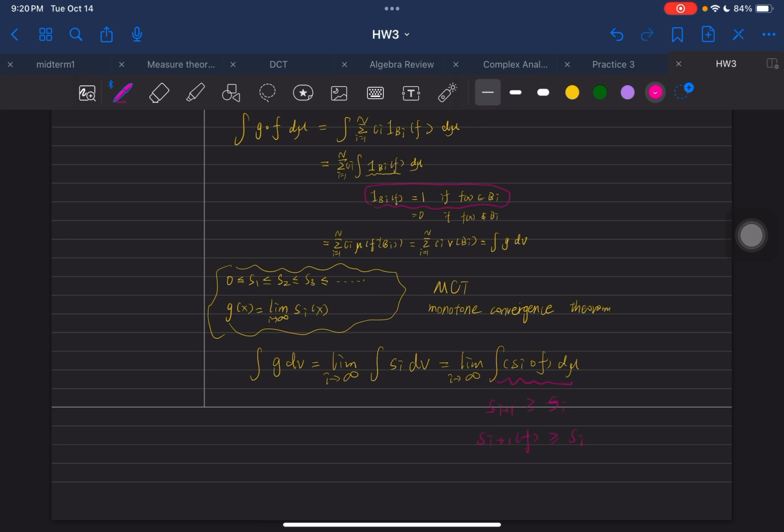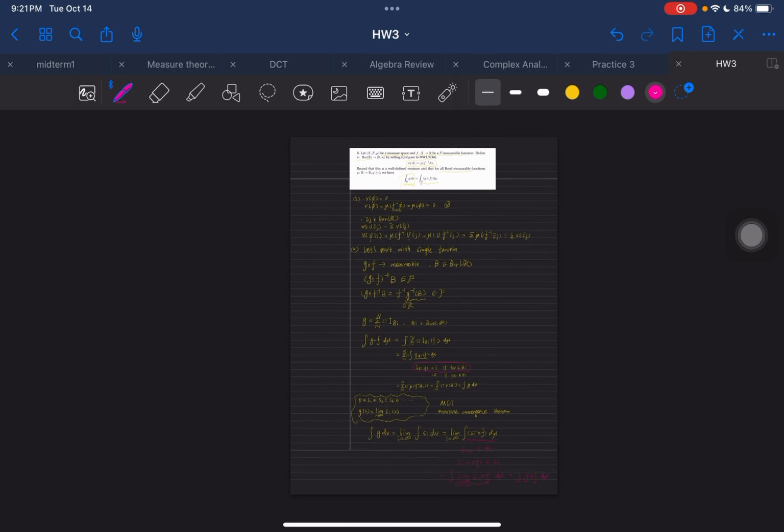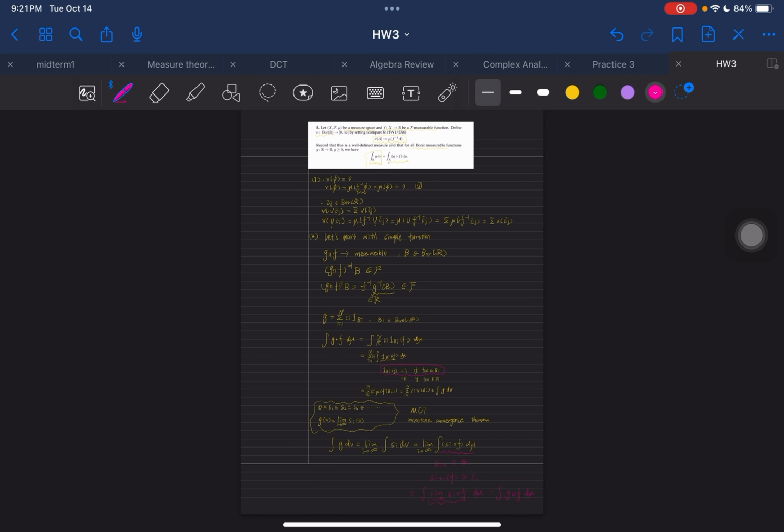So here we also have a sequence of increasing functions, so we can use the monotone convergence theorem, MCT, again to put the limit inside of the integral. Then this would be just the integral of g composite with f d mu. Okay, so that's the solution of this problem.